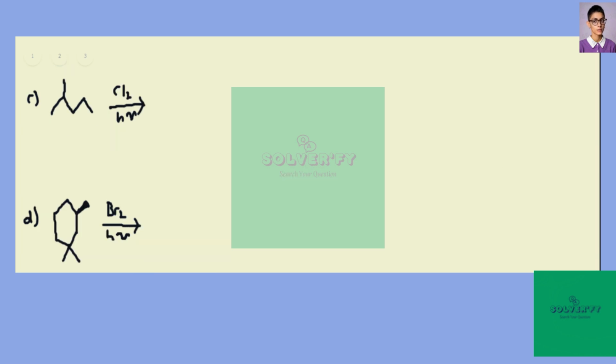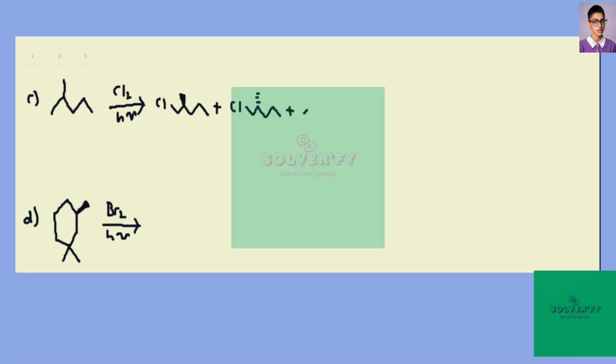Part C is another problem where we're going to have many different possibilities. So if we have the chlorine add terminally like that, we'll get the two variants where the methyl group is in either orientation.